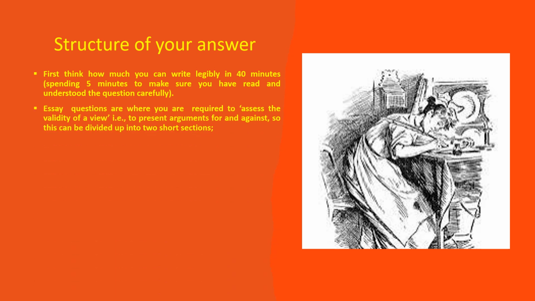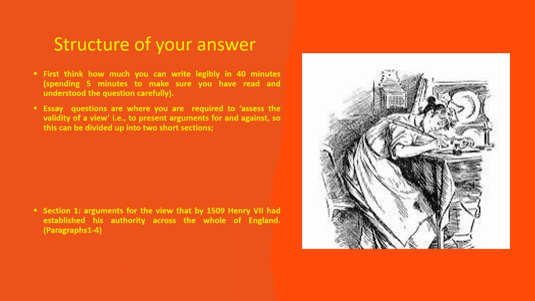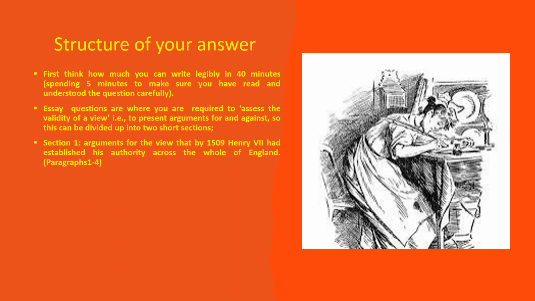So your essay question is where you're required to assess the validity of a view, i.e. to present arguments for and against. So this can be divided up into 2 short sections. Section 1, where you present the arguments for the view that by 1509 Henry VII had established his authority across the whole of England, and I would suggest between 1 and 4 paragraphs.